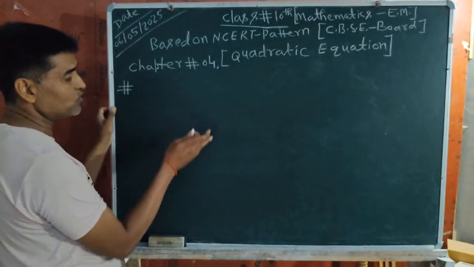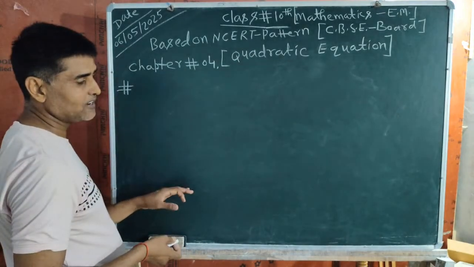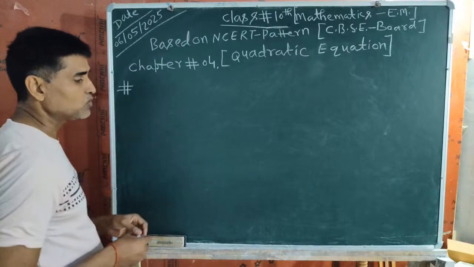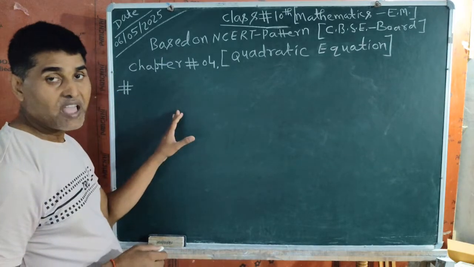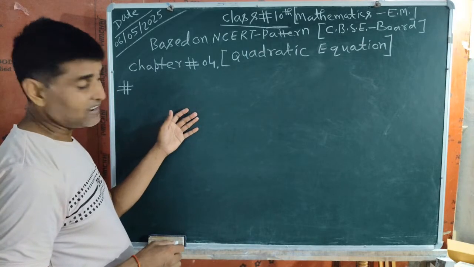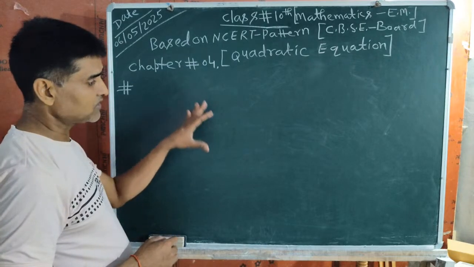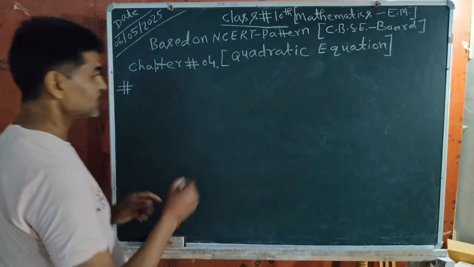First of all I am going to write its heading, and then I will explain its concept. After explaining the concept, I will take some questions based on this topic and solve them, and give their solutions. So concentrate properly on this video from start to end.